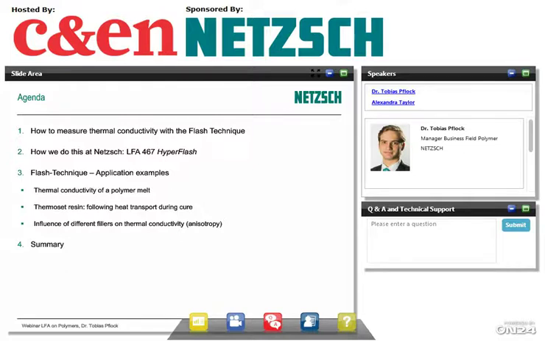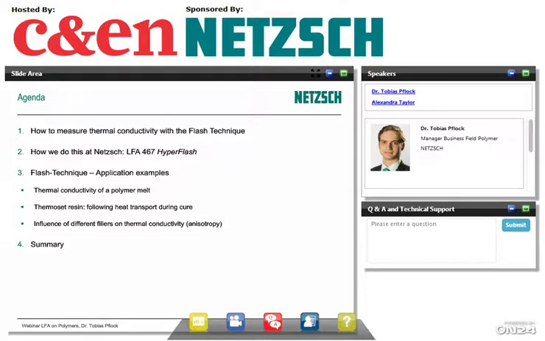I would like to shortly present you the LFA 467 Hyperflash. And the third point is why you're obviously all here. I want to show you some application examples where the flash technique can help you in analyzing your polymer materials and where it makes very good sense to use the flash technique with respect to other techniques.